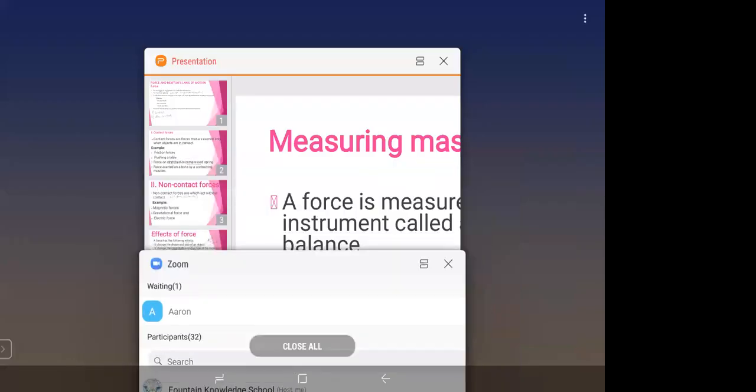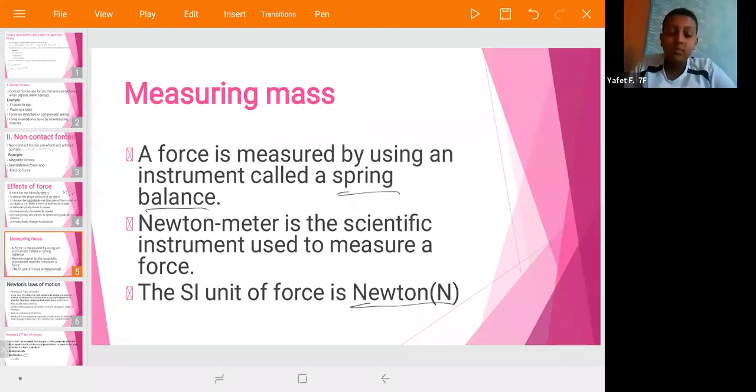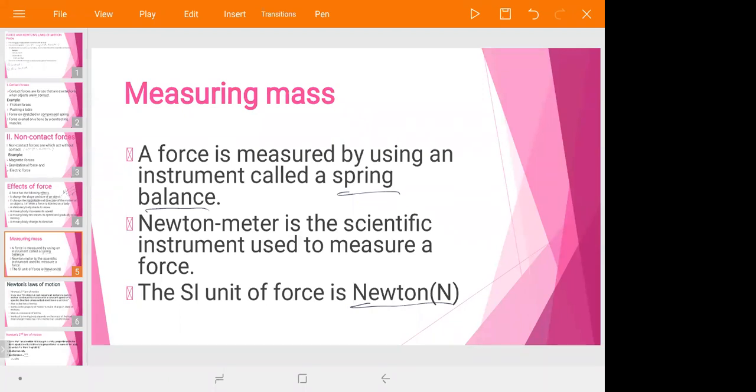It is also called the law of inertia. Okay, thank you. For example, if you take a body at rest and you do not apply a force on it, it remains at rest.